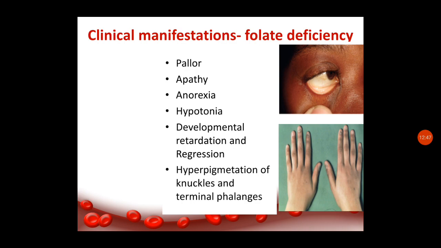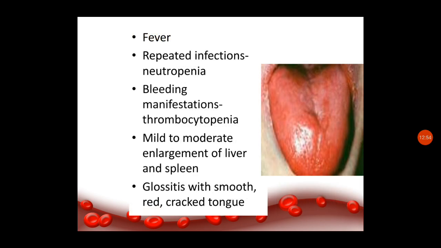When you observe the hands and fingers, the knuckles and terminal phalanges will be darkened in color, and there will be fever and repeated infections because of neutropenia. There will be repeated infections, fever, and bleeding manifestations. Similar to neurological involvement in vitamin B12 deficiency, the change which can be expected here is the bleeding manifestations.